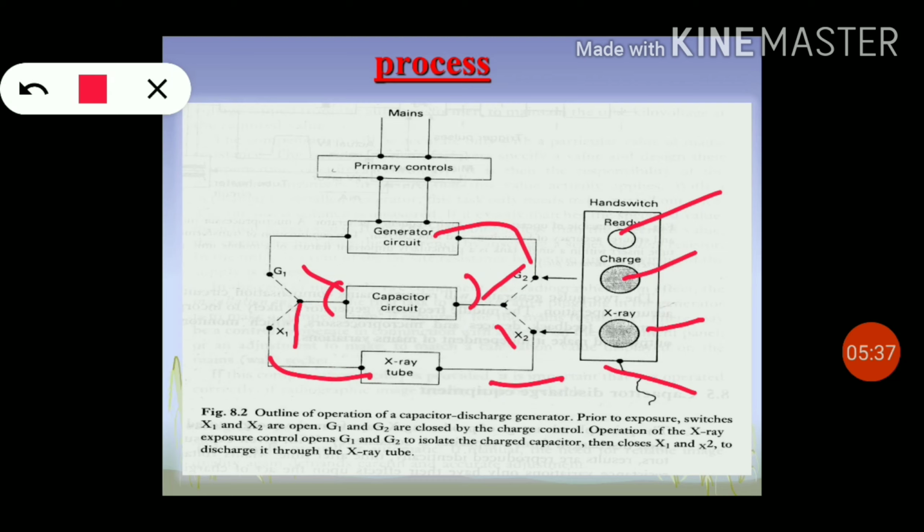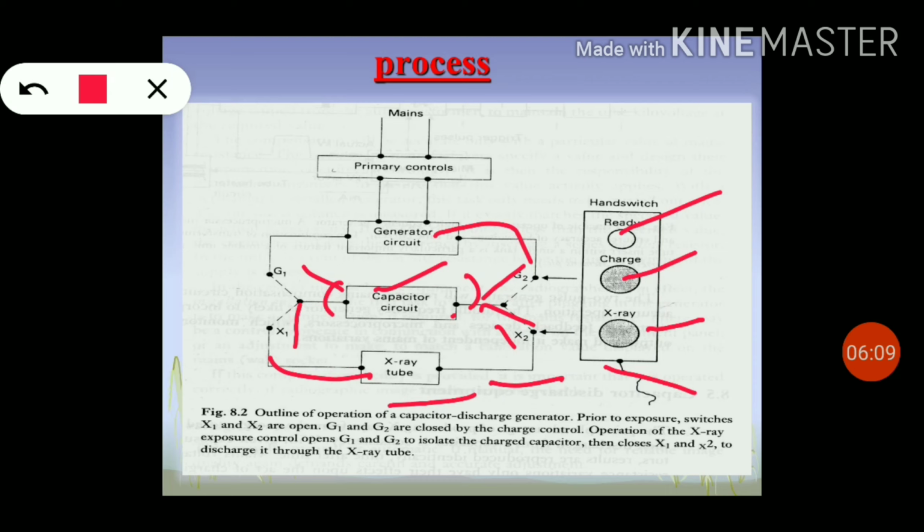When the charge circuit is activated, the voltage from the high tension transformer charges the capacitor to whatever kV is required for the exposure. Then this capacitor becomes the power source for the X-ray exposure. Now it is connected through this to the X-ray tube and gives the exposure. During the exposure it discharges through the tube.